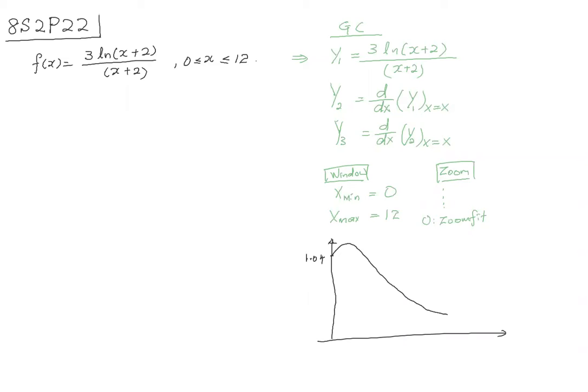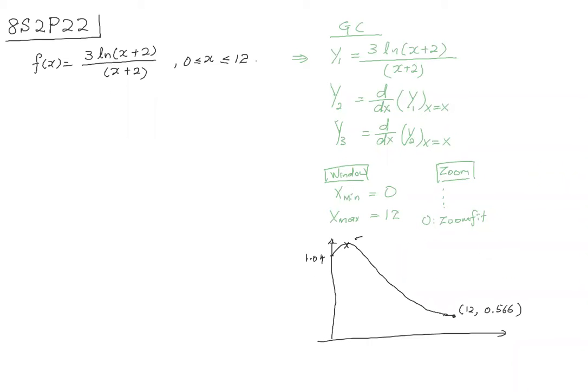Okay, when X equal to 12, you can go second trace. And your value here is 0.566.